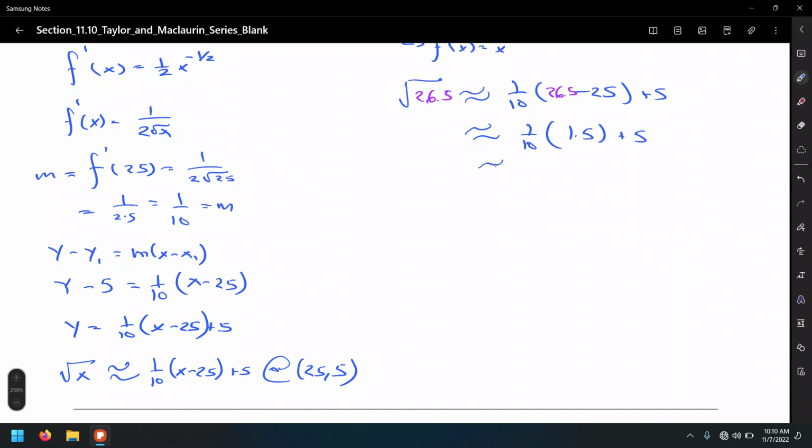That 1.5 is 3/2, so we have 3/20 plus 5. Multiplying 5 by 20 gives 100, so the result is 103 over 20.